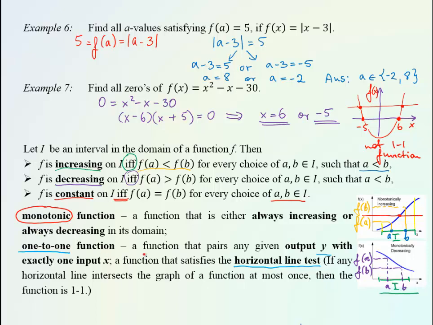Since a monotonic function is always increasing or always decreasing, it will never come back to a value that was already used, so any monotonic function is also one-to-one. A monotonic function is one-to-one.